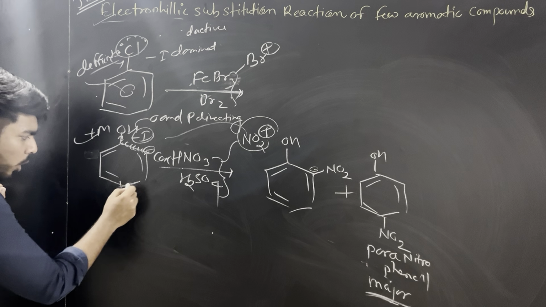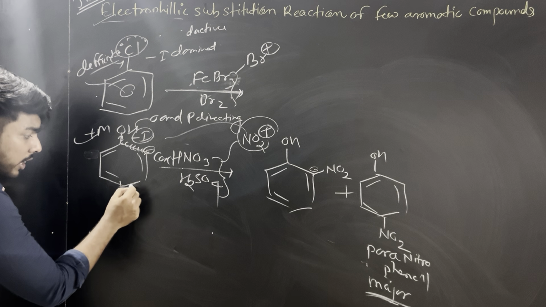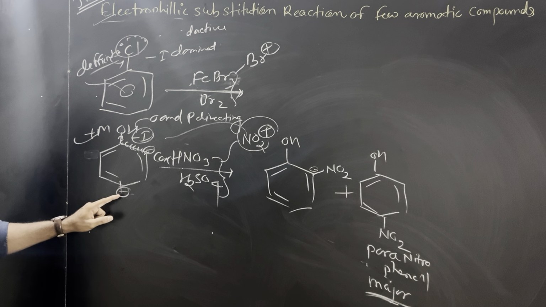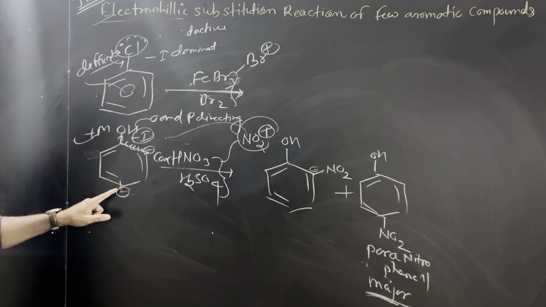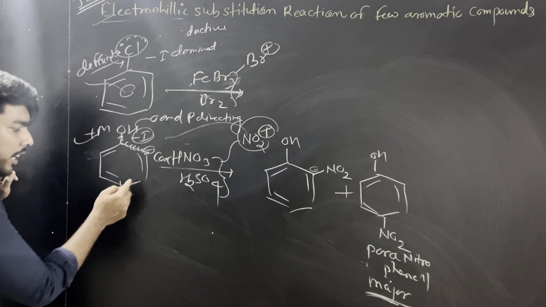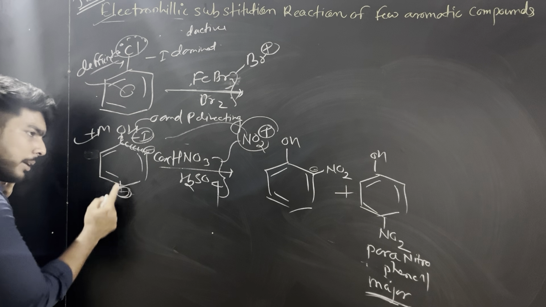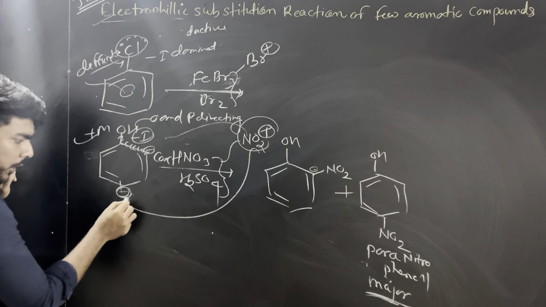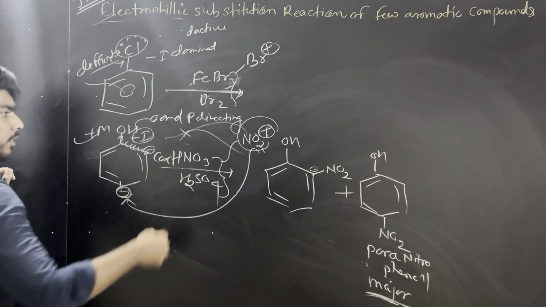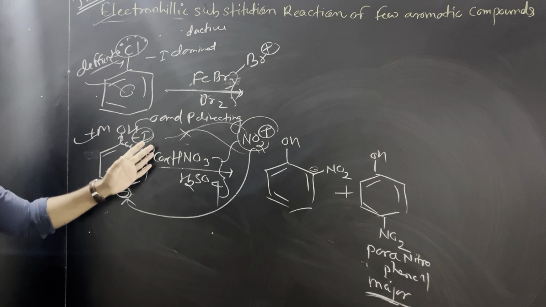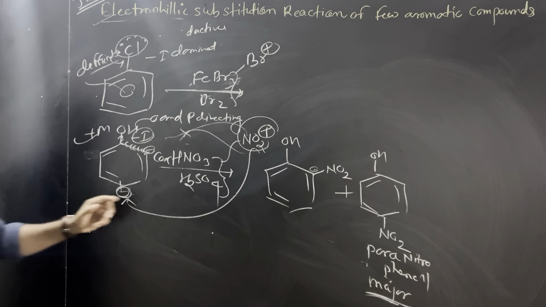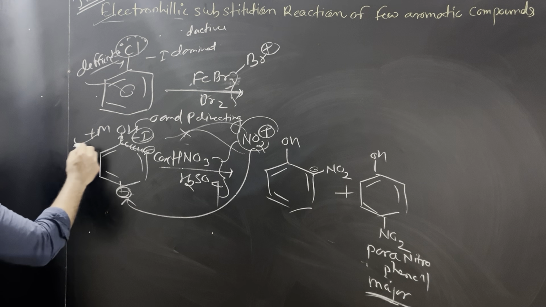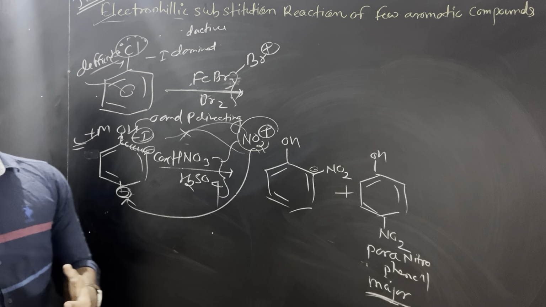But O cannot put a minus effect on the para position, because the O and this charge density are very far. As I said, minus inductive effect is a distance dependent effect. That's why this charge density remains intact with the molecule, and NO2 will prefer to attack this position rather than that position. So yes, we'll get this product as well, but it is a minor product, and para nitrophenol is our major product.